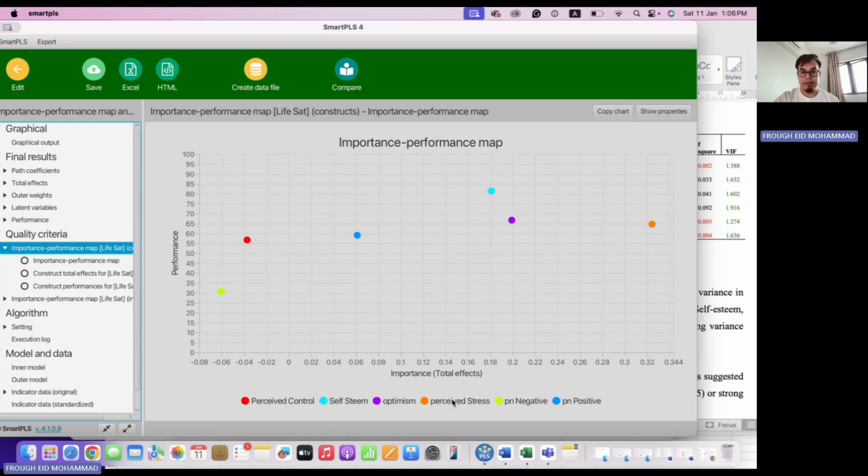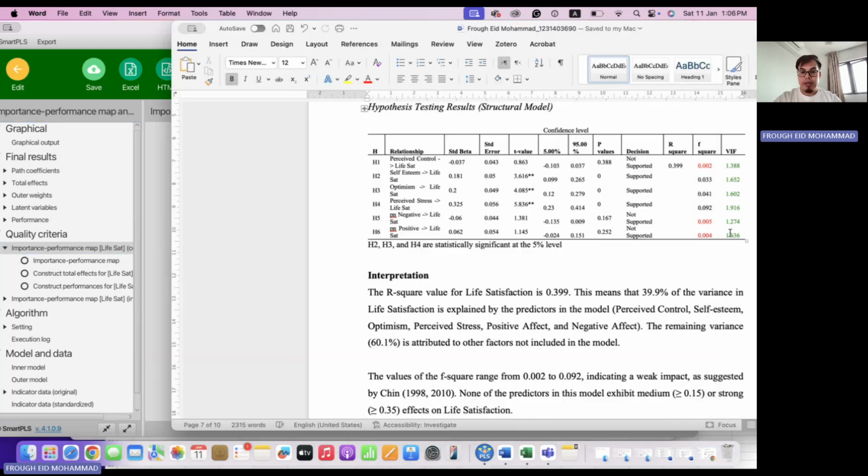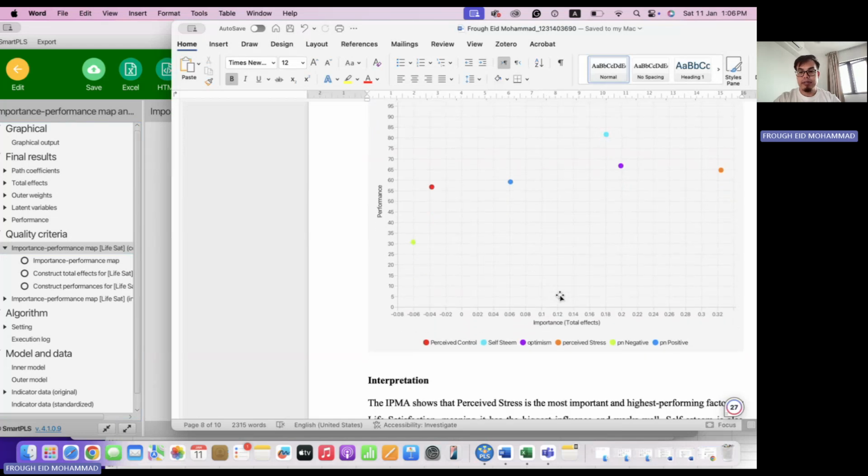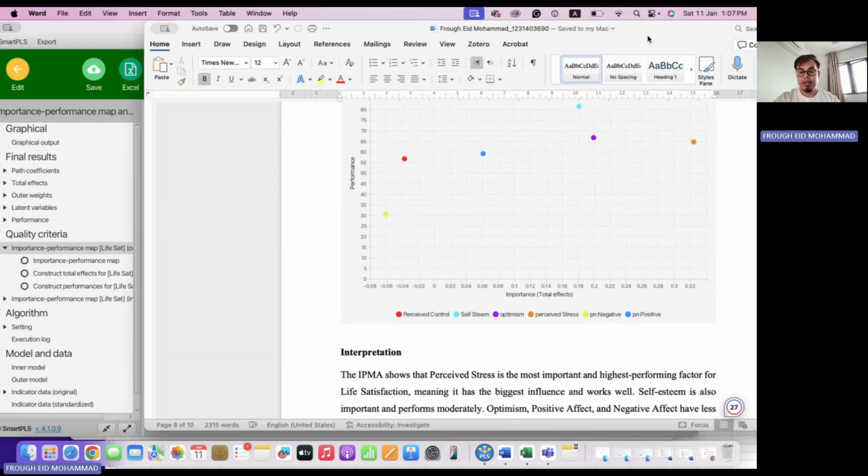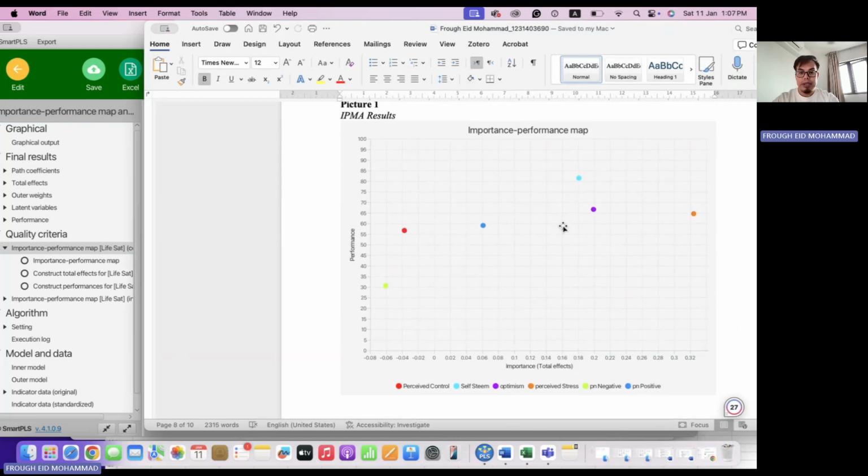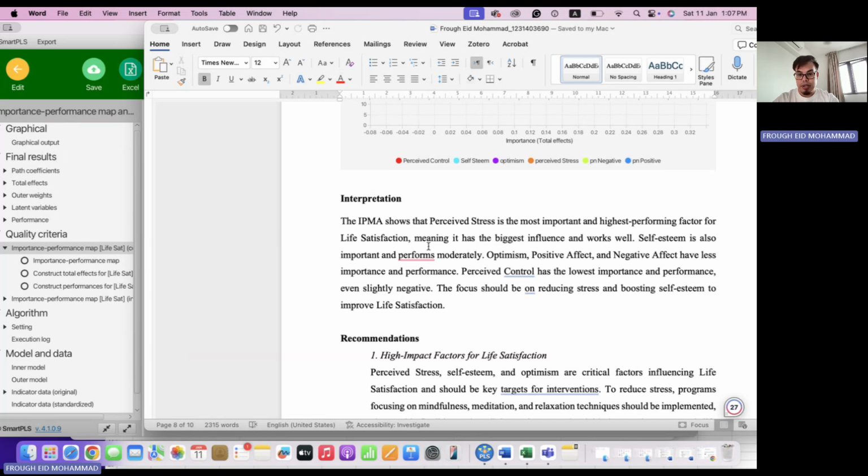It means perceived stress is the construct or the variable that has the most effect and the most impact, and the most important one, which influences the life satisfaction. And here, I have extracted the map, and this is the interpretation.